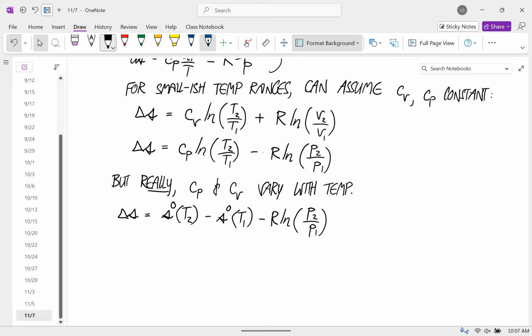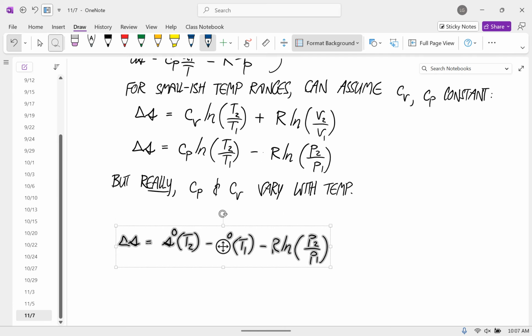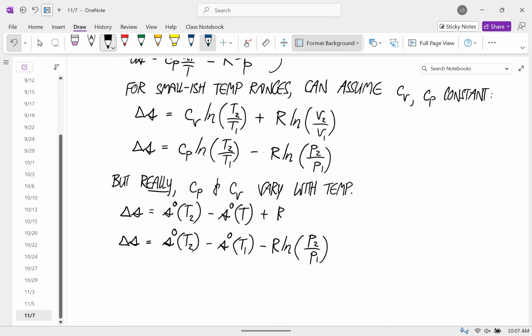You could do it with volume too, but let's put it in there. Sorry to mess up your notes. I'm going to move this down. And so you could also write this as delta s is equal to s super 0 of T2 minus s super 0 of T1 plus R natural log of v2 over v1.